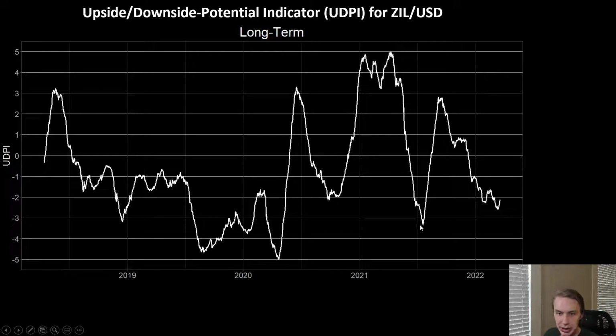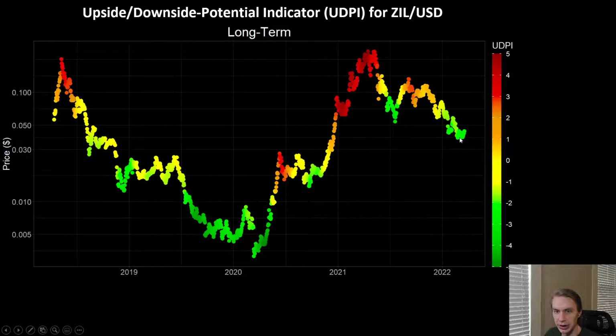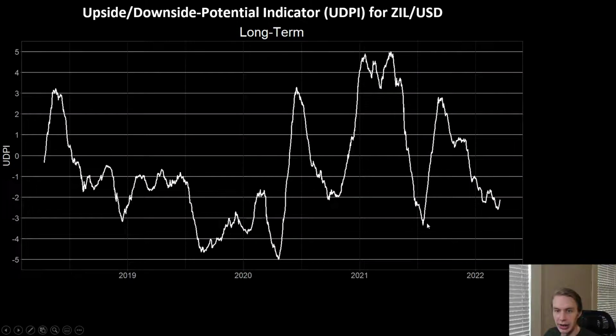Now, one of the things that's interesting to note is that there is potentially some sort of bullish divergence happening between price and the UDPI. You'll see that we're setting in potentially a higher low here on the UDPI while setting in a lower low on price. And what that could mean is that even though ZIL has more realistic downside potential to come here, it's not having to potentially realize as much of that before finding a bottom as it did in the summer.